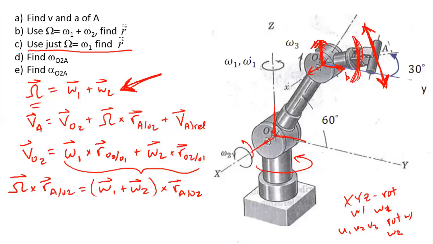Does that make sense, everybody, so far? And then my VAREL, like you guys said, is going to equal my omega 3 crossed into the R of A with respect to O2.